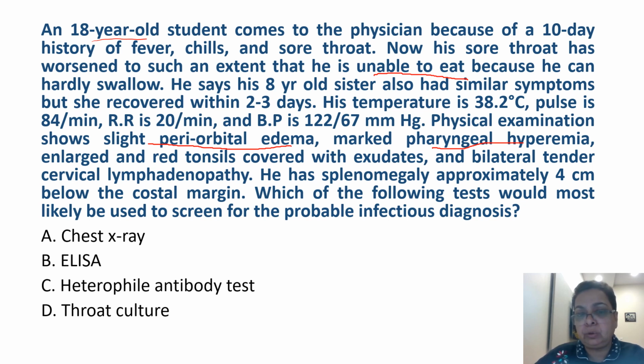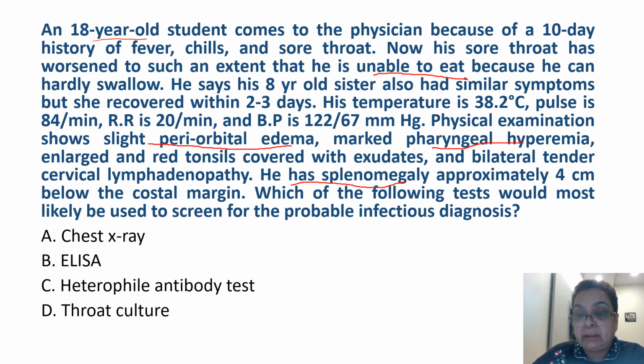So by now, some of you must have already guessed this diagnosis. It's a typical age, a young male, a young student who has exudative pharyngitis with tonsils enlarged with cervical lymphadenopathy. This is definitely leading to infectious mononucleosis. Supplementary to that diagnosis, they are also mentioning further ahead that he also has splenomegaly.